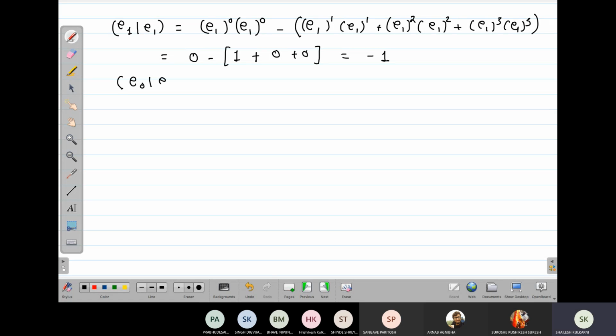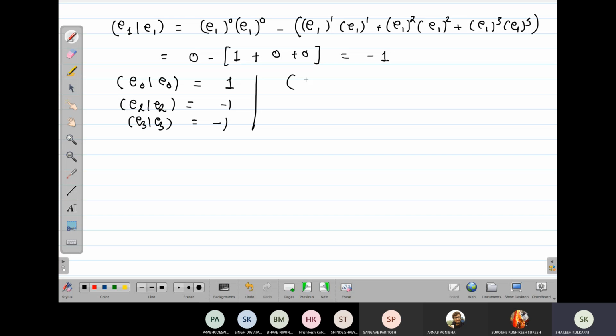E00, you can show that this is equal to 1. E22 will also be minus 1 because of this minus sign, and E33 will be minus 1. And similarly you can show that E0 with 1, 2, 3 is 0.